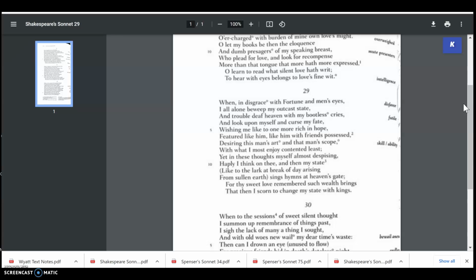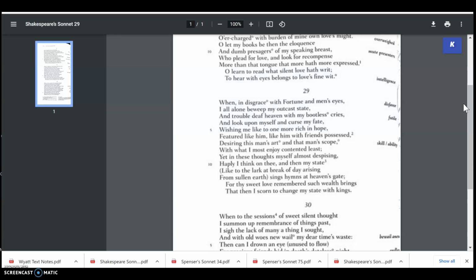And he cries out to heaven, but his cries are bootless, and they fall on deaf ears. Heaven's not listening to his moaning and groaning and his pity party about himself. And so he curses himself. He curses his fate for being the way that he is.